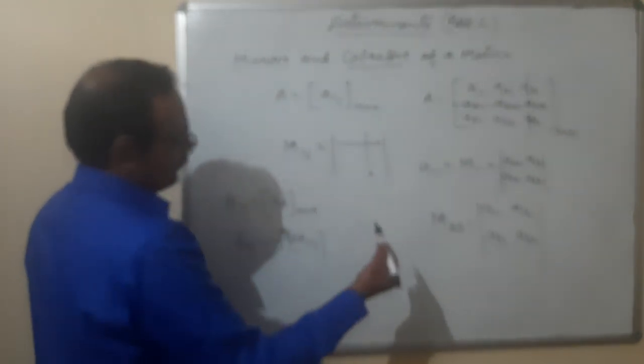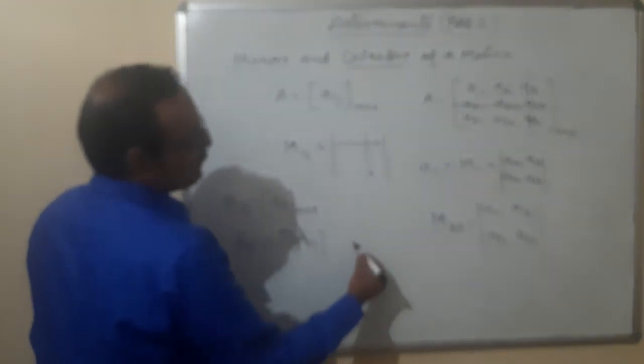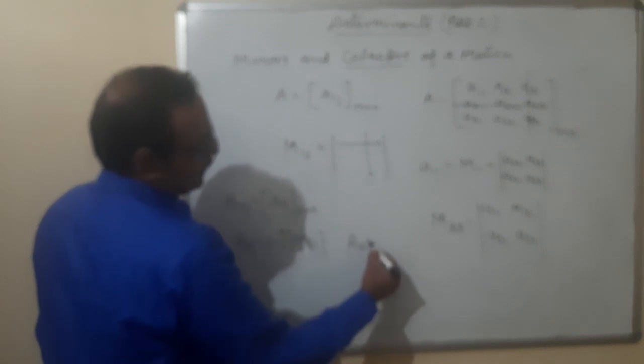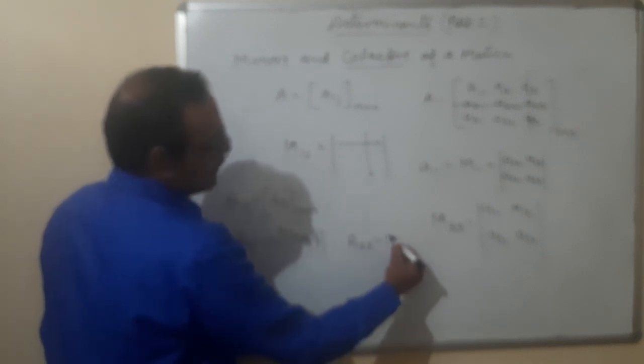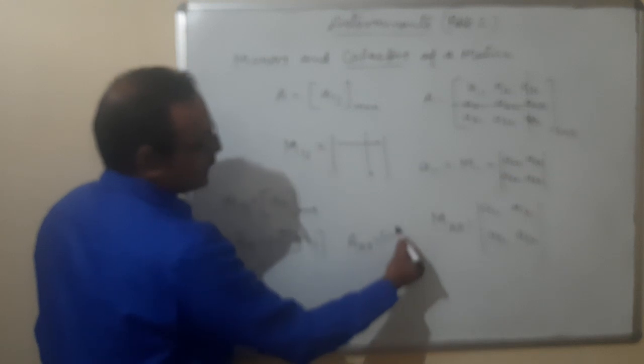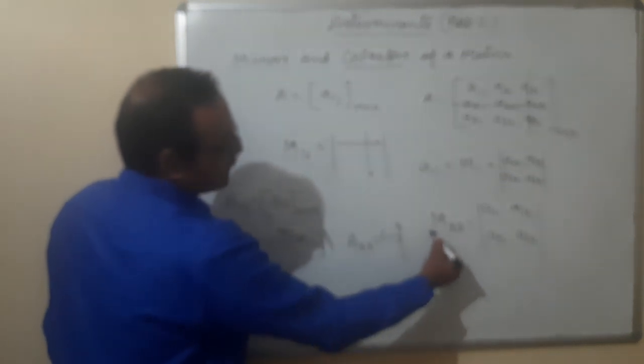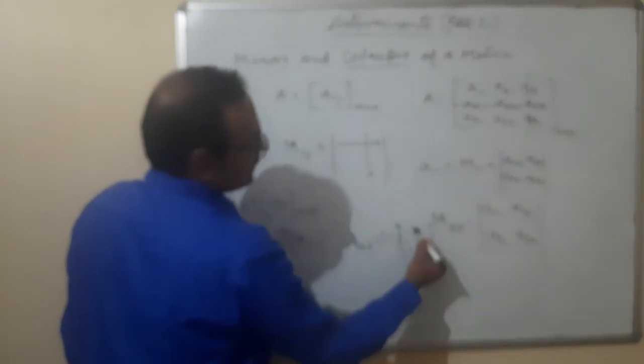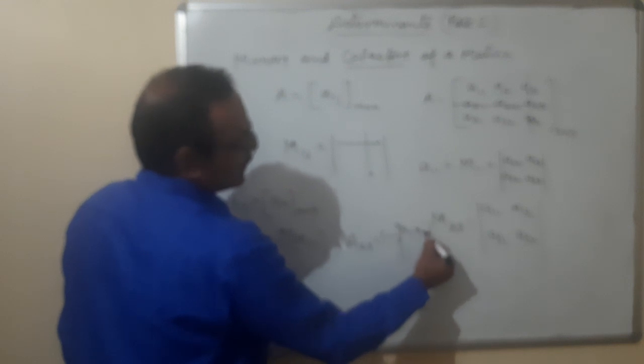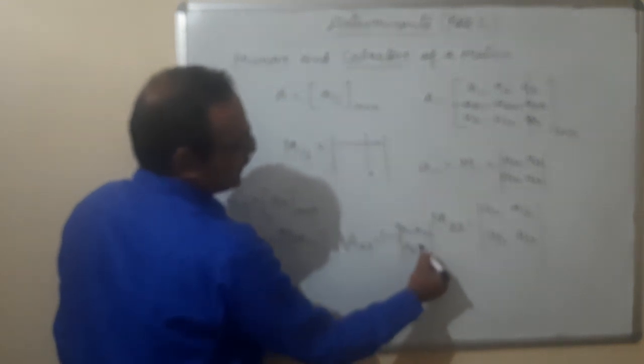of A23, what do we have to do? Minus 1 to the power 2 plus 3, which is 5, and the other elements are the same as before: A11, A12, A31 and A32. Okay.